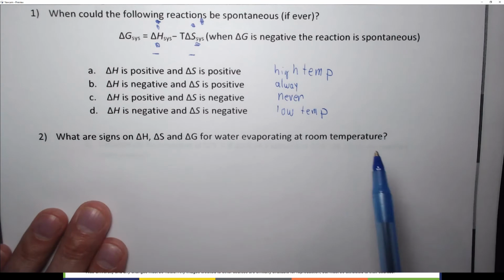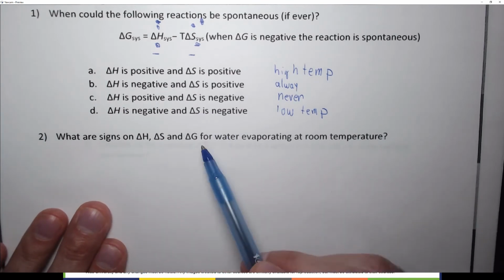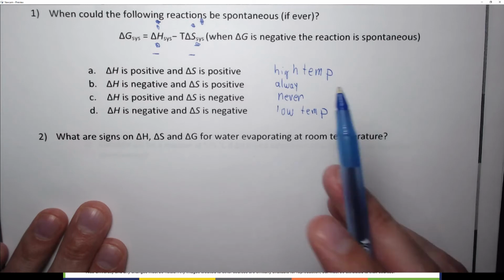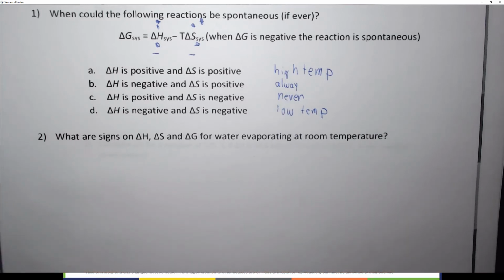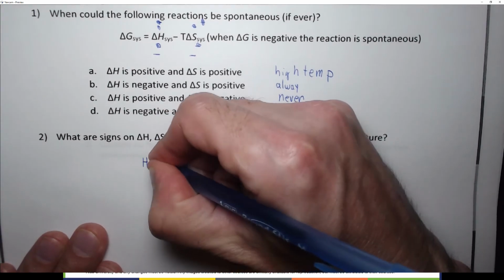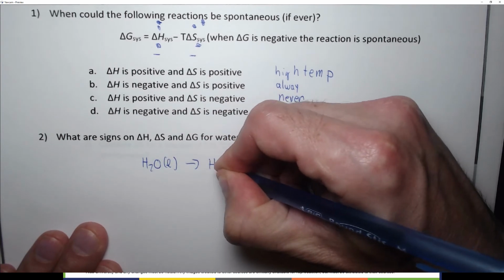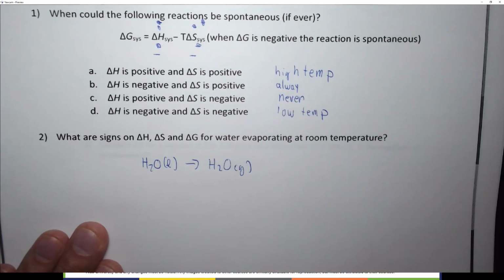Let's look at a more practical example. It says, what are the signs on delta H, delta S, and delta G for water evaporating at room temperature? Well, when water is evaporating at room temperature, let's think about what we have going on. We have H2O as a liquid forming H2O as a gas.